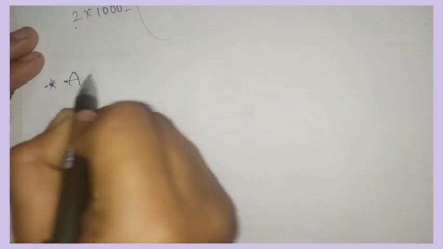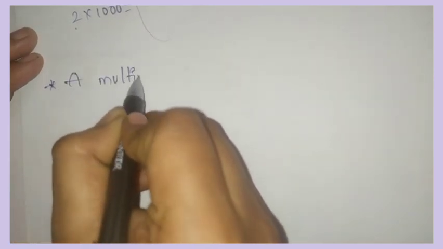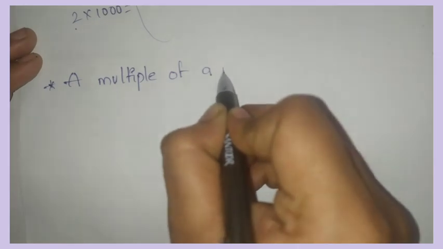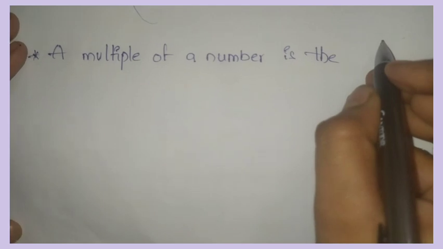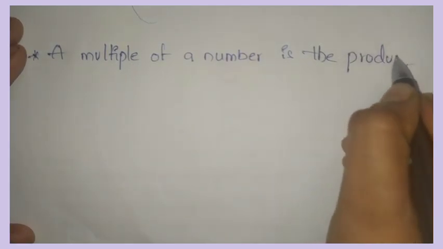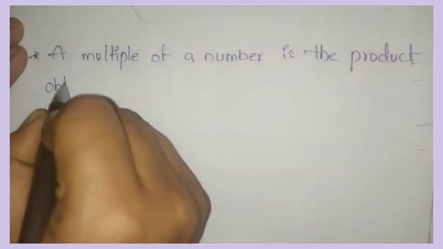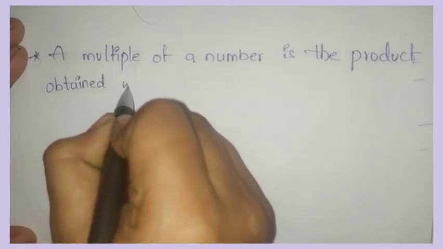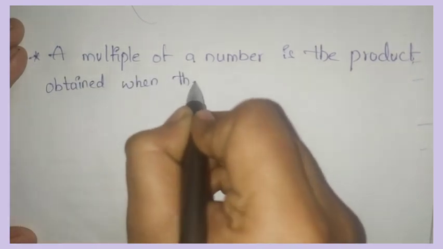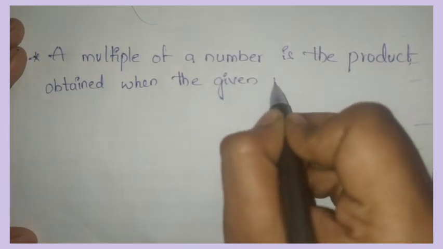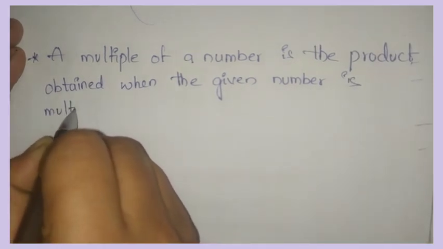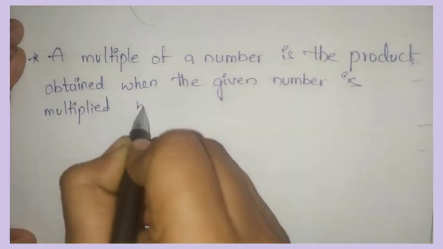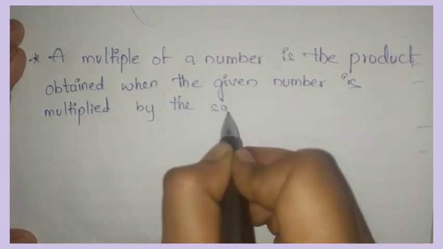So we can write the definition like this: a multiple of a number is the product obtained when the given number is multiplied by the same or any other number.